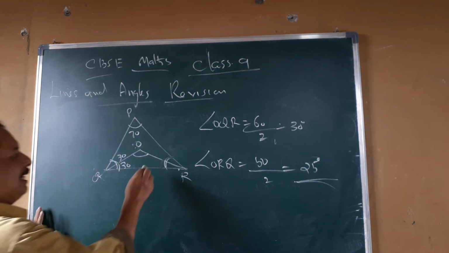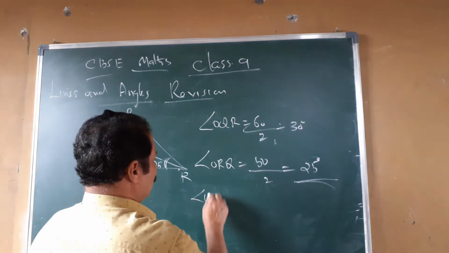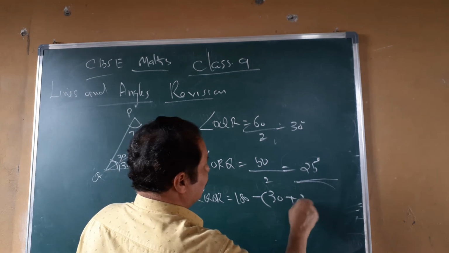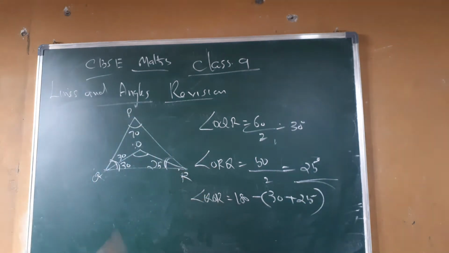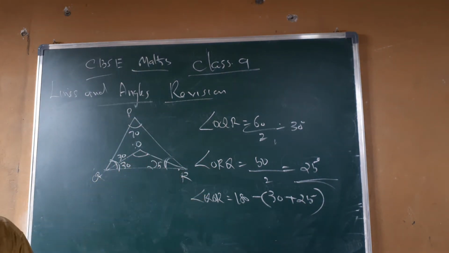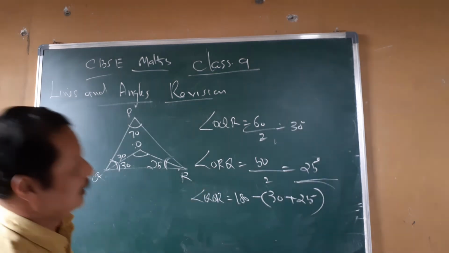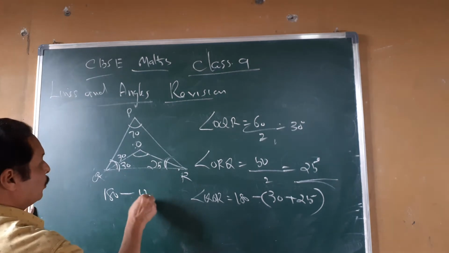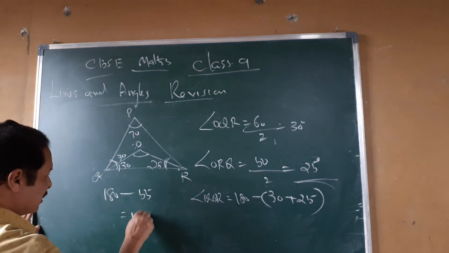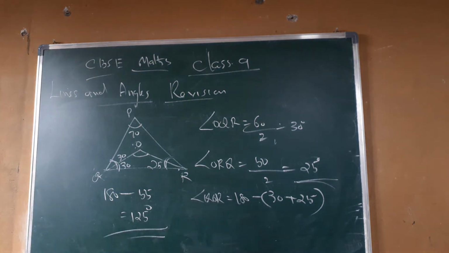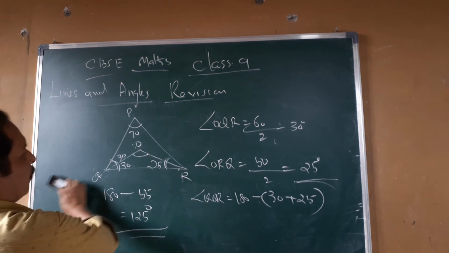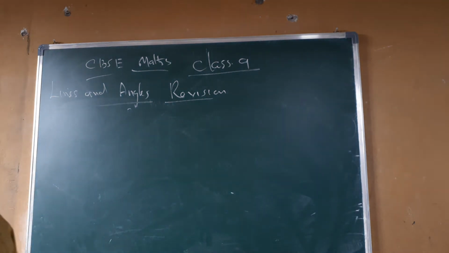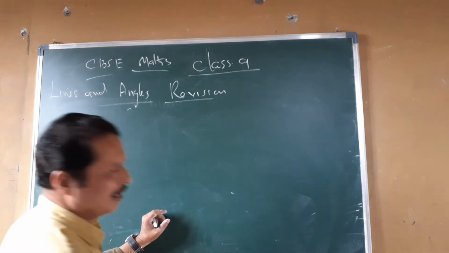This angle is 30, this angle is 25. So angle QOR by angle sum property, the third angle is 180 minus 30 plus 25, that is 180 minus 55, and your final answer is 125 degrees. Is it clear? Okay. Next, you prepare well this video. Watch well the video, then prepare well.